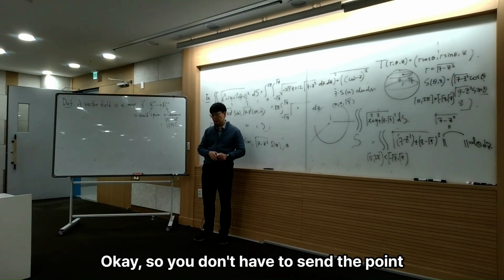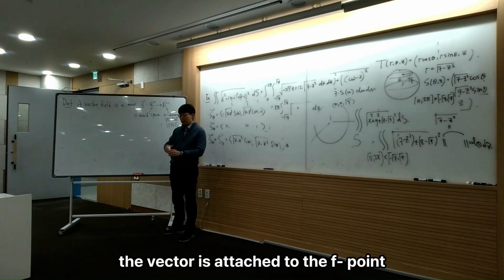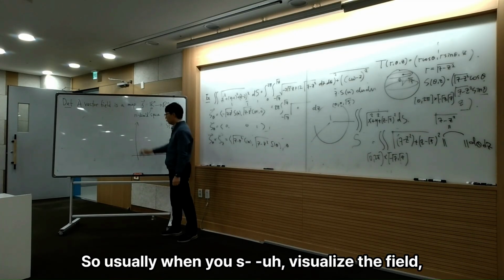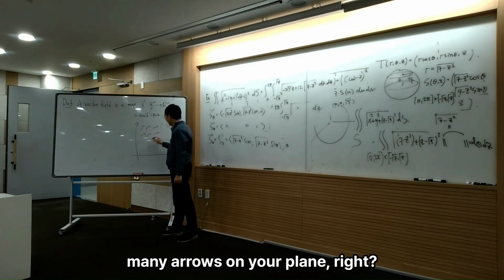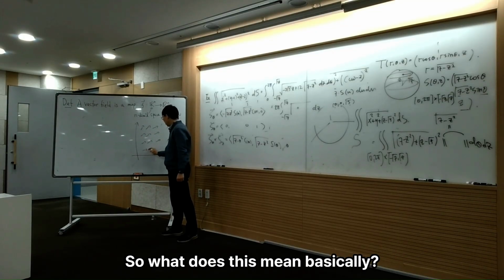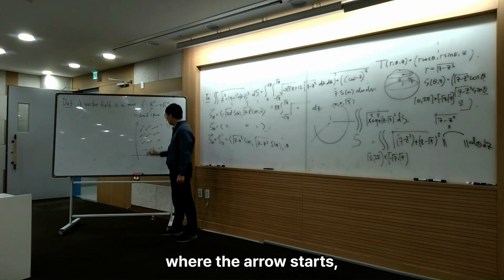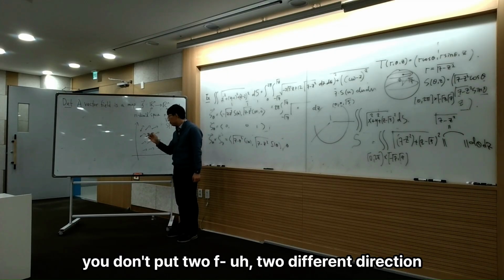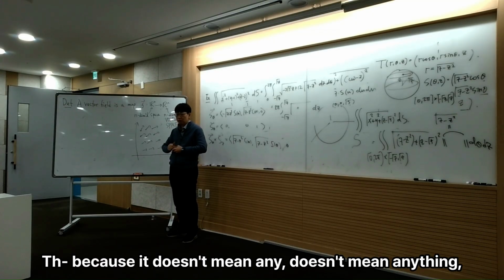You don't have to send the point to a vector, because you can also think of the vector as attached to the point. Usually when you visualize the field, you put many arrows on your plane, right? What does this mean? It means that at every point where the arrow starts, the point is moving in that direction. You don't put two different direction arrows at one point, because it doesn't mean anything.